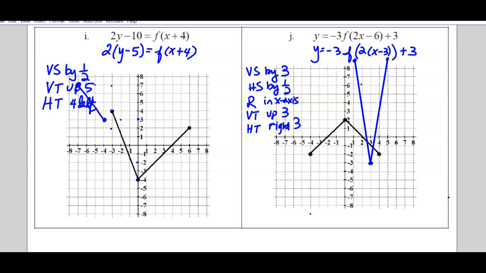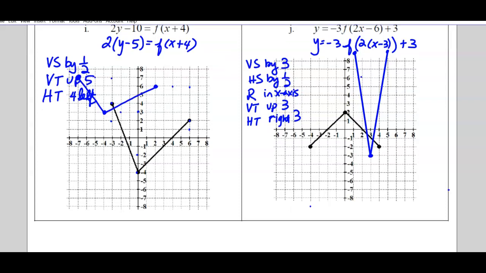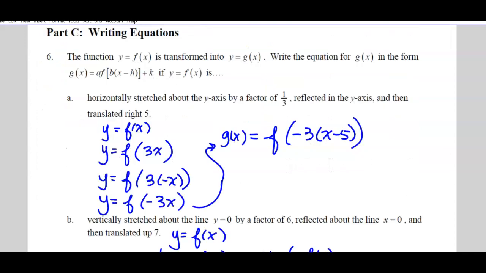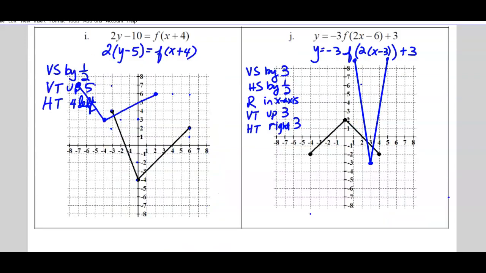Straight line. Last point, stretched by a half is 1. Up 5, that's going to be 6, left 4. Okay. And I think we've caught up now. Okay. So that is the end of parts A and B.